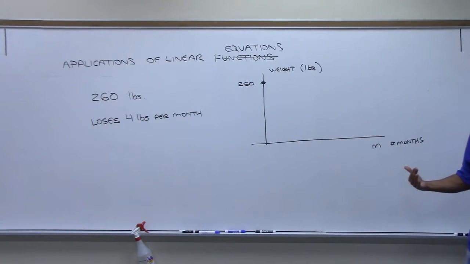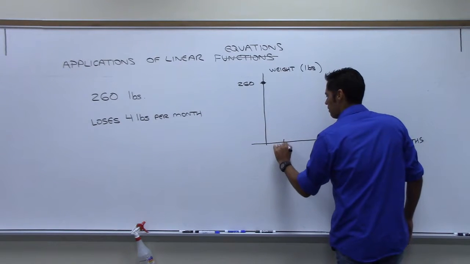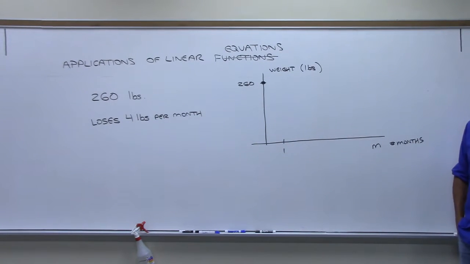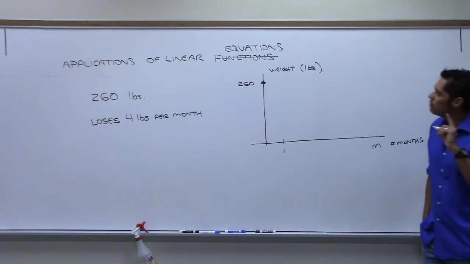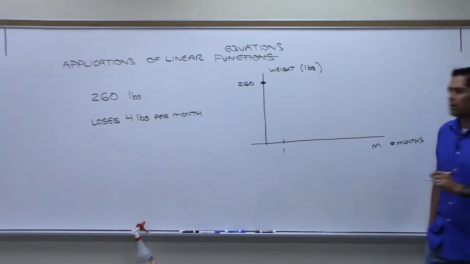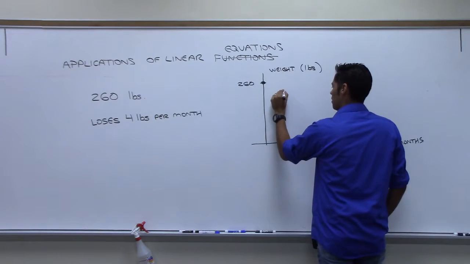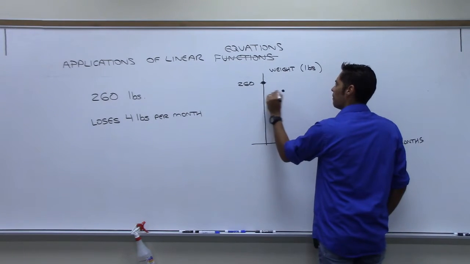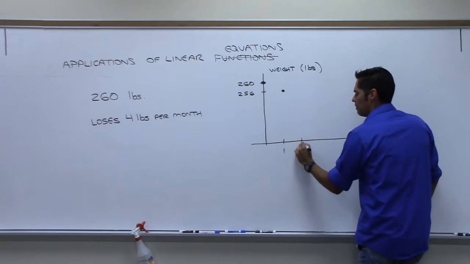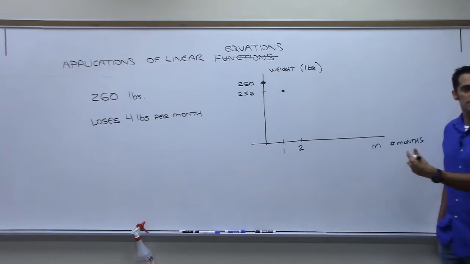And then every month, right, after 1 month, it's going to drop down to what? He's losing 4 pounds a month, so 256 after 1 month? So he'd be down here, let's say this is like 256 right here. And then after the second month, he loses another 4 pounds, right?